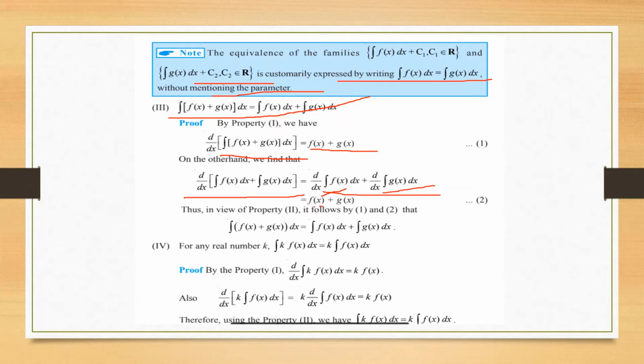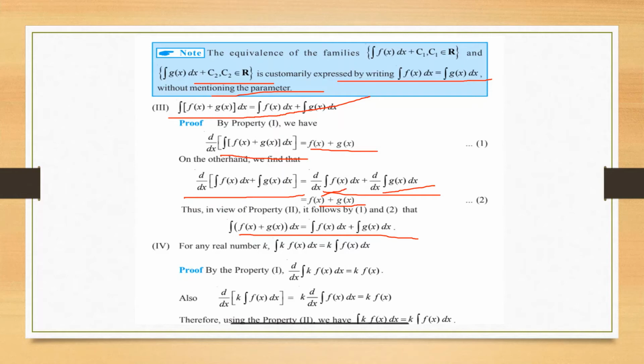So that is why we can separate the integral of a sum of two functions into separate integrals. You can take the integral of all the functions separately.